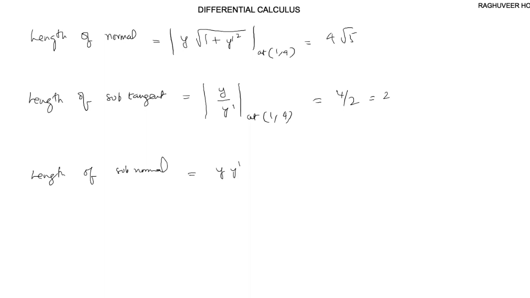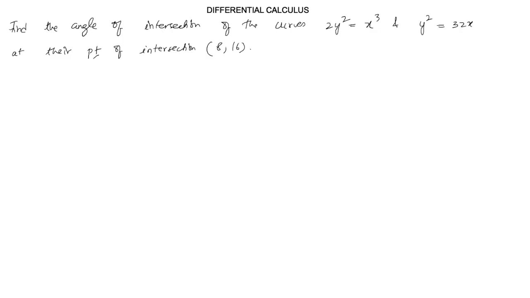So you can simplify it to root 5, right? And length of subnormal is y y dash at (1, 4).